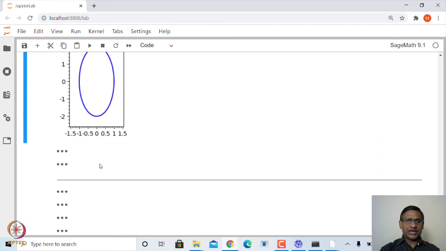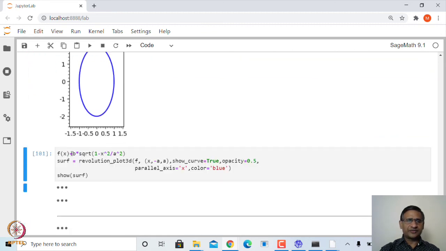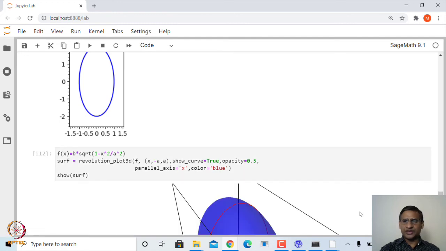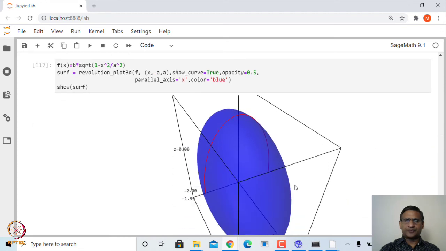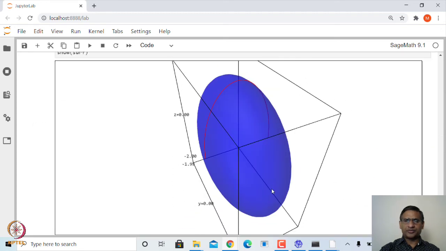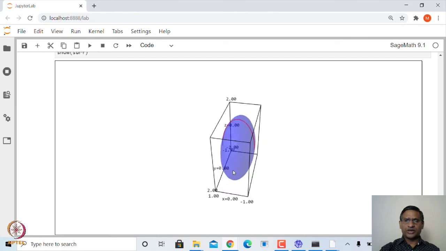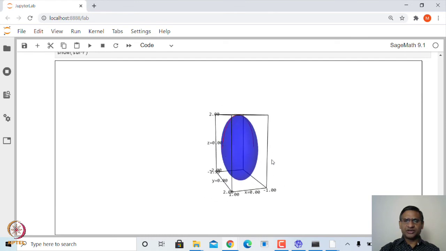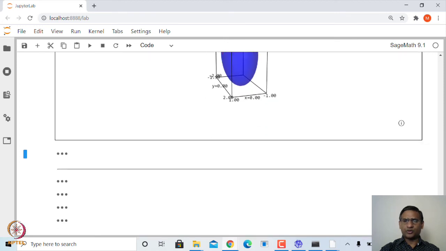So, if you take that function f x is equal to b into square root of 1 minus x square upon a square and revolve or rotate this about the x axis between minus a and a, then you will get an ellipsoid. So, that is what you have. Let me make it slightly smaller. So, this is the ellipsoid. You can rotate this and see that it is the upper semi ellipse which we have rotated, right.